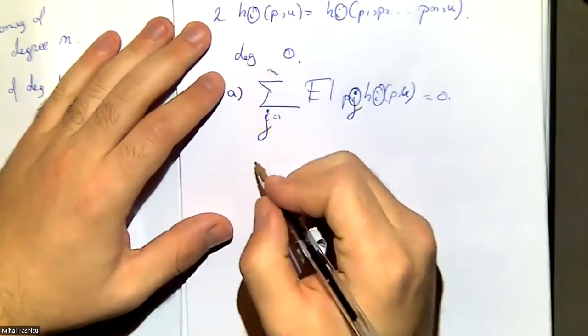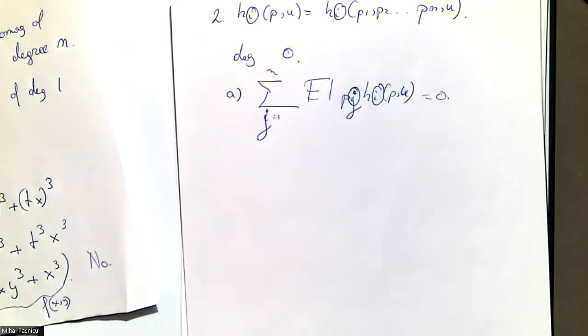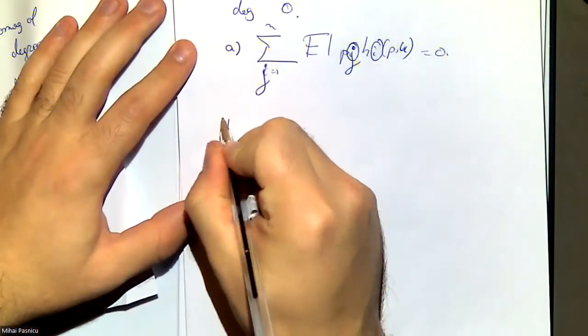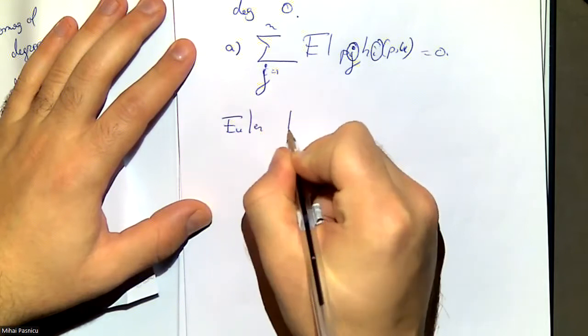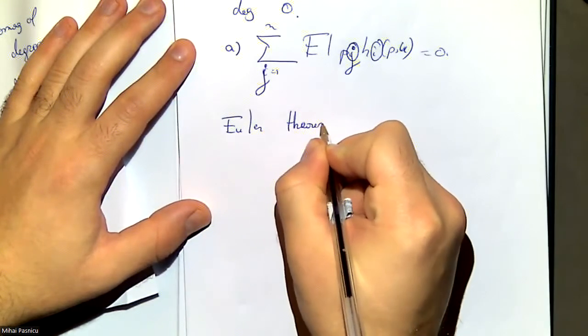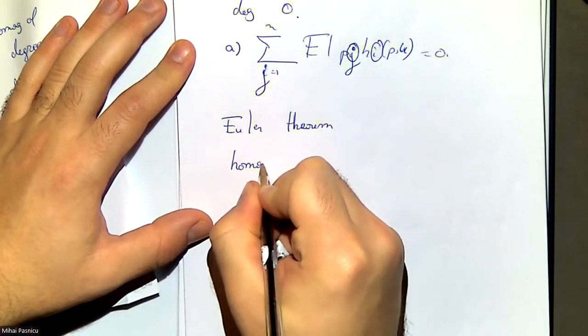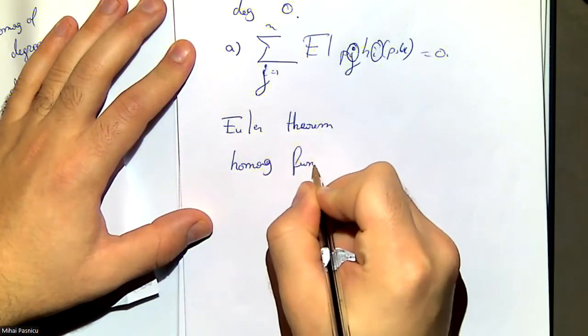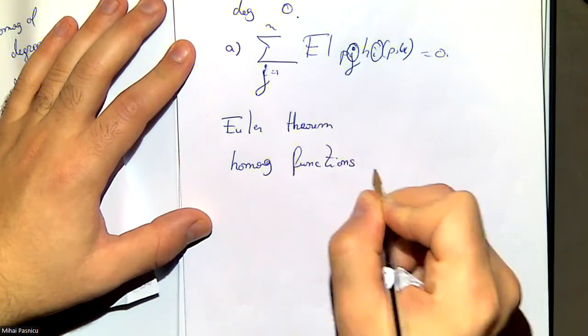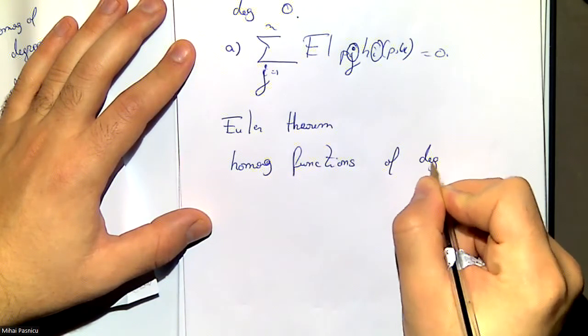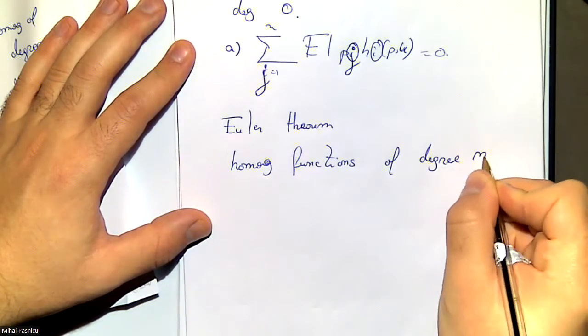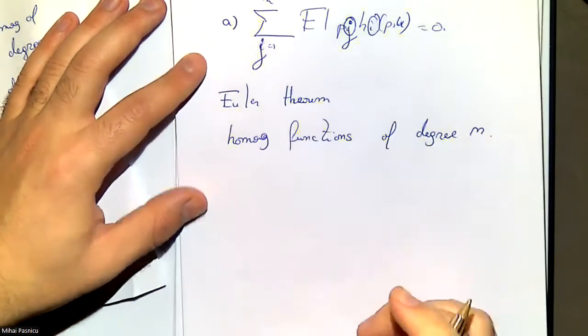Anyway, the Euler theorem applies to homogeneous functions of degree n, where n can be any number.